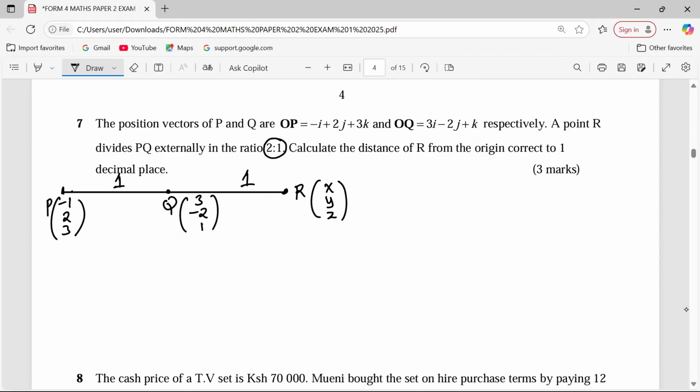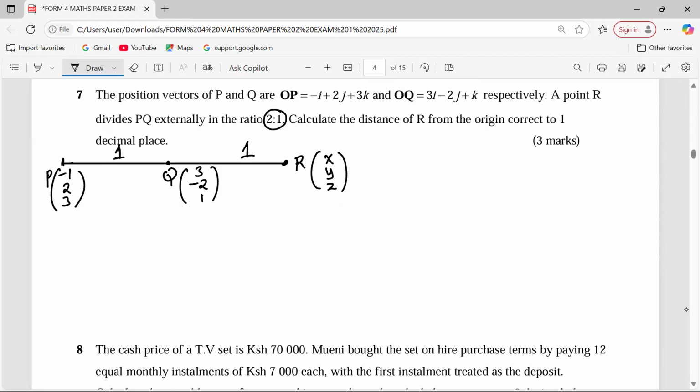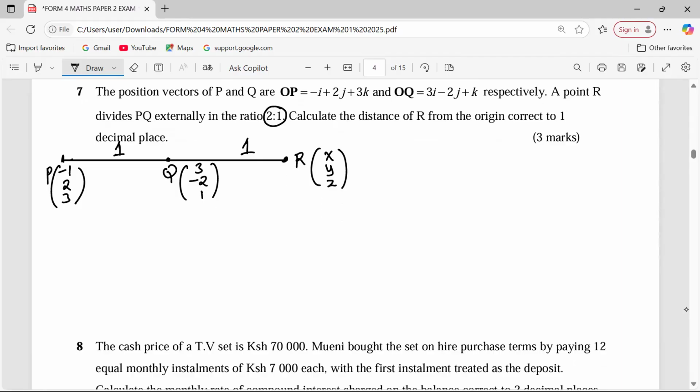Q is the mid of PR, in other words. And actually, we can now use the knowledge on midpoints to find the coordinates of R. So for us to get the coordinate at the middle point, which is 3 on the X, 3 is usually given by -1 plus a known X over 2, because it should be X1 plus X2 divided by 2 for us to get the X at the middle.